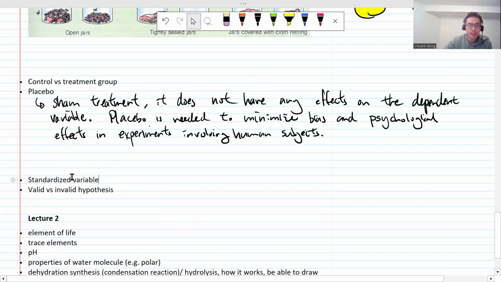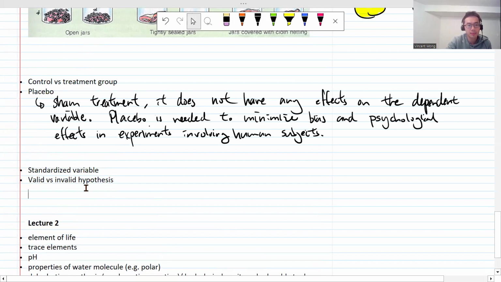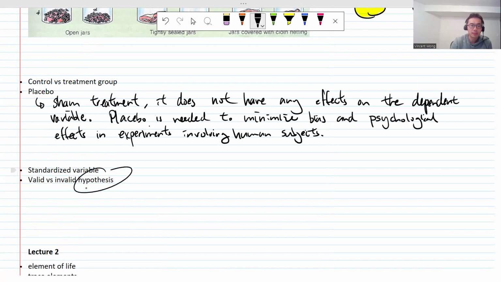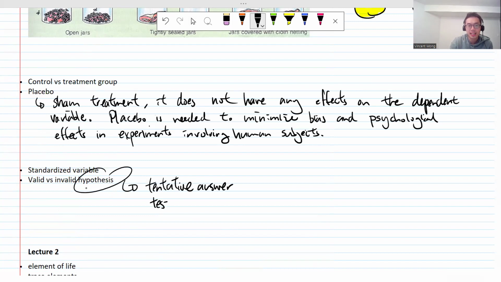We talk about standardized variable already, again, in the microwave water experiment above. And then there is the concept of hypothesis. Yeah, hypothesis is like a tentative answer to the questions. And in order for it to be valid, it must be testable.